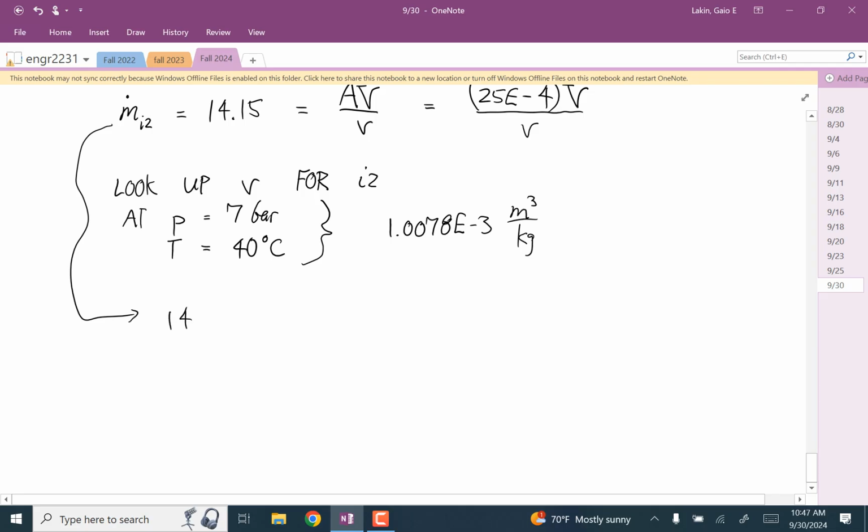And so we have 14.15 is equal to 25 times 10 to the minus fourth times the speed divided by 1.0078 times 10 to the minus third. And you get that the speed at inlet 2 is equal to 5.71 meters per second.